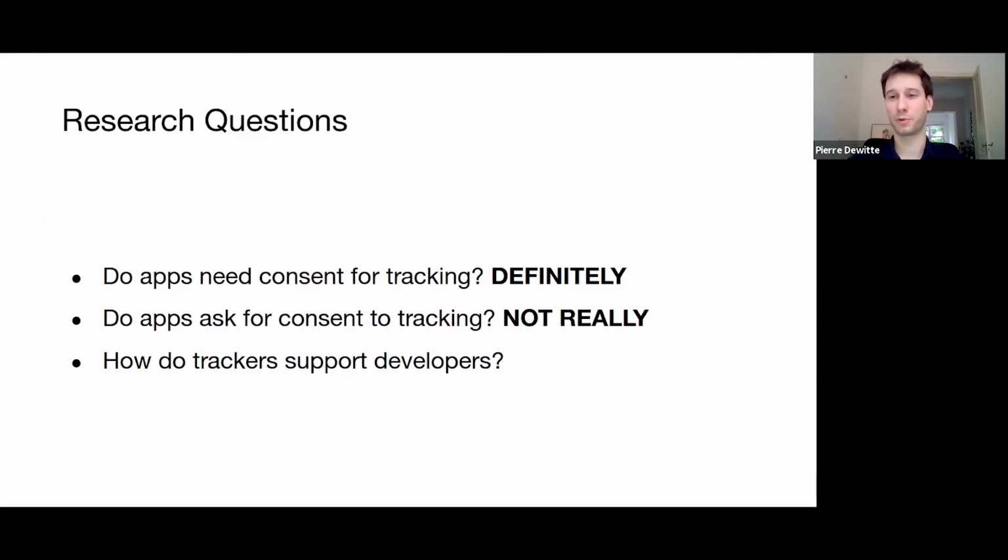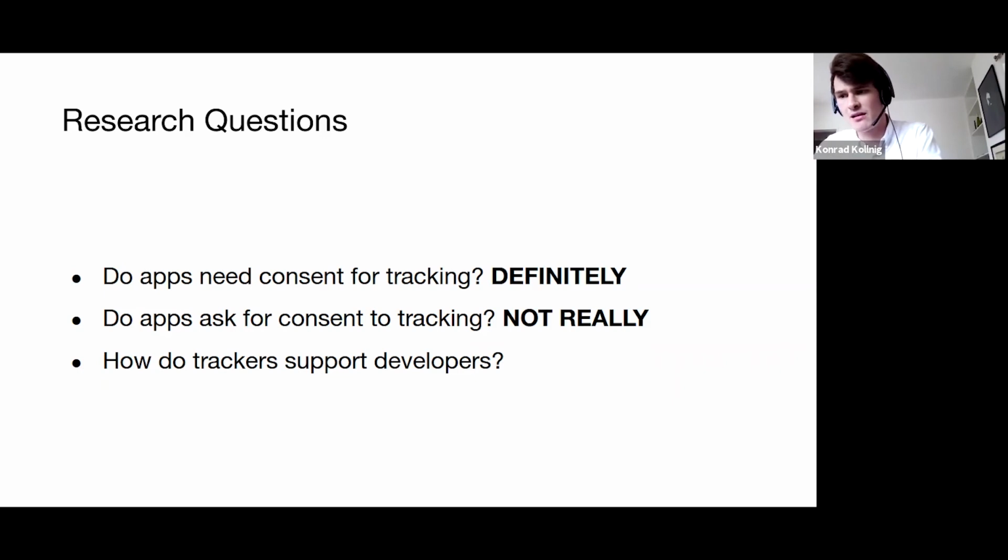Are app developers even supported in their efforts in implementing consent, for instance, or are they left on their own without any kind of guidance as to how to do it? What we did is look at 13 trackers and their online guidance to just find out, well, why do developers in so large numbers not do the right thing, not fulfill the legal requirements?